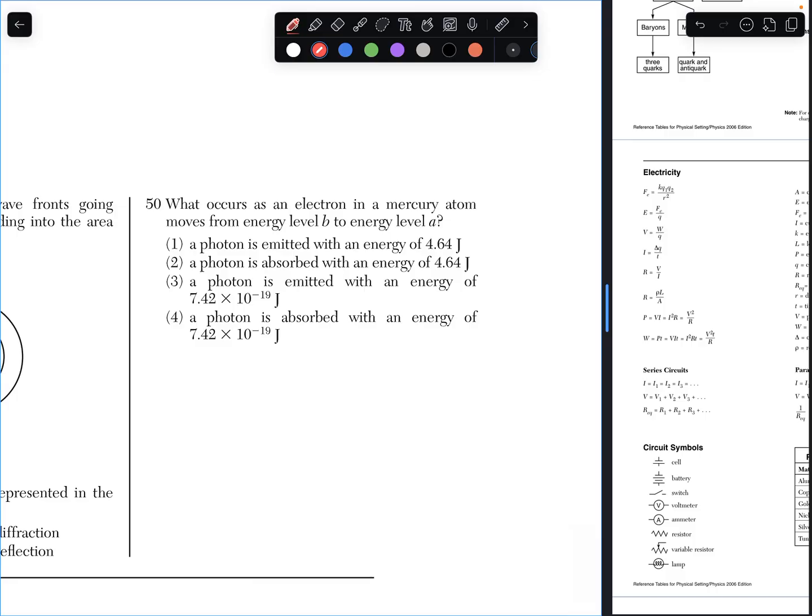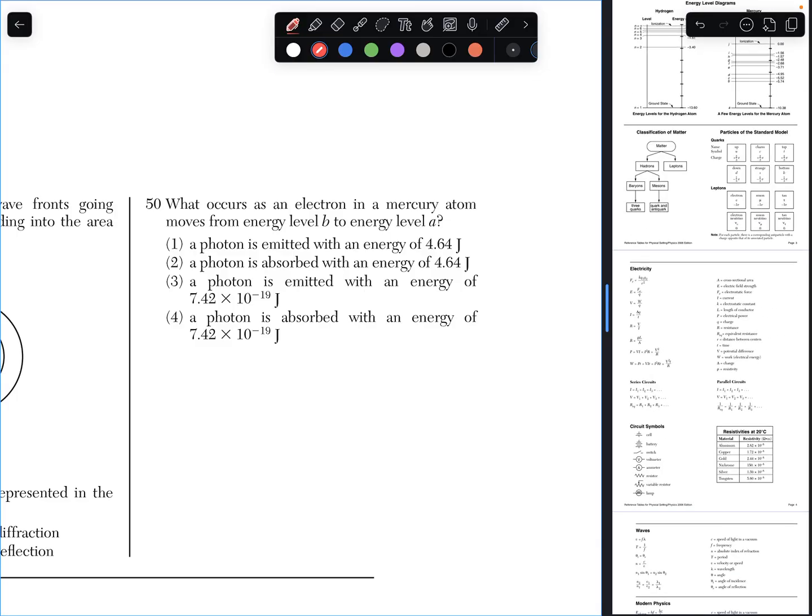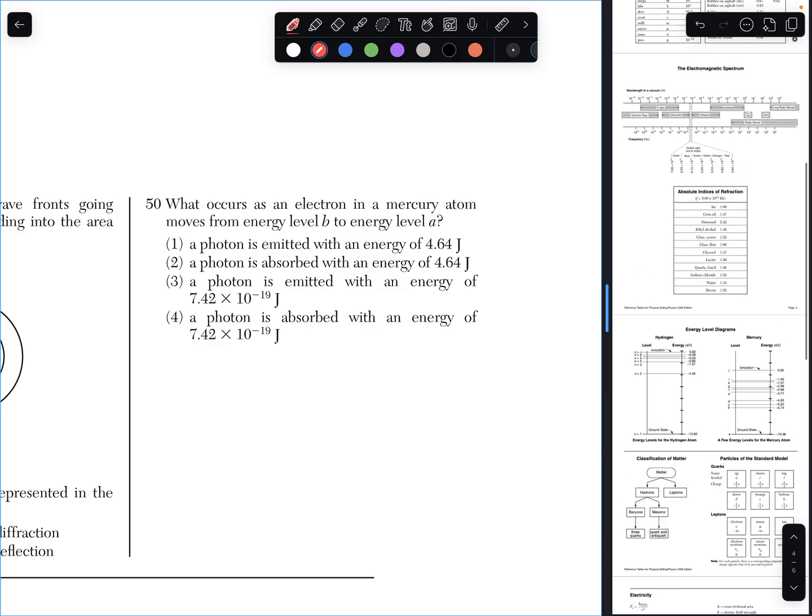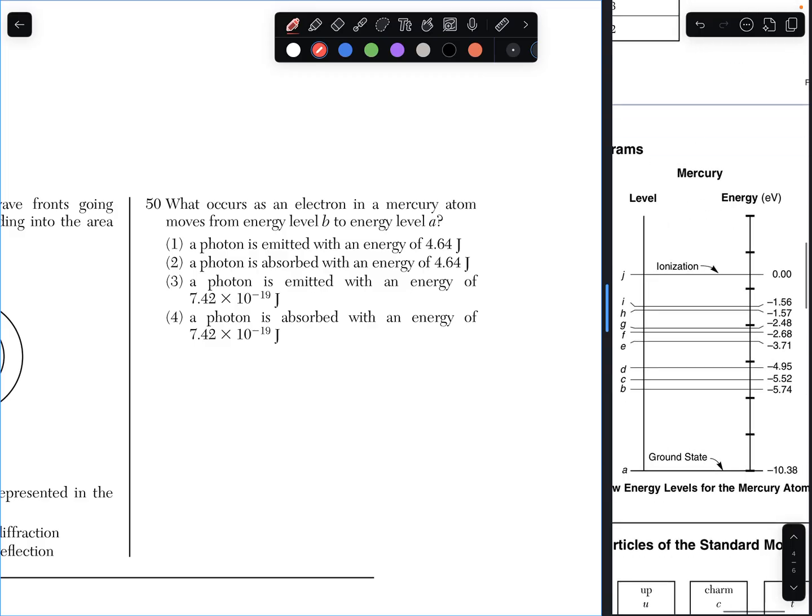All right. What occurs as an electron in a mercury atom moves from energy level B to energy level A? So we have mercury from B to A. You see the energy difference. If it jumps down, then a photon is going to be emitted, and I'm just going to take the difference.